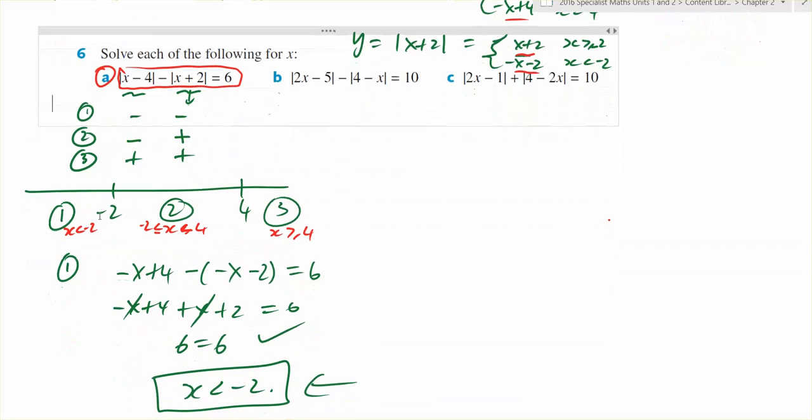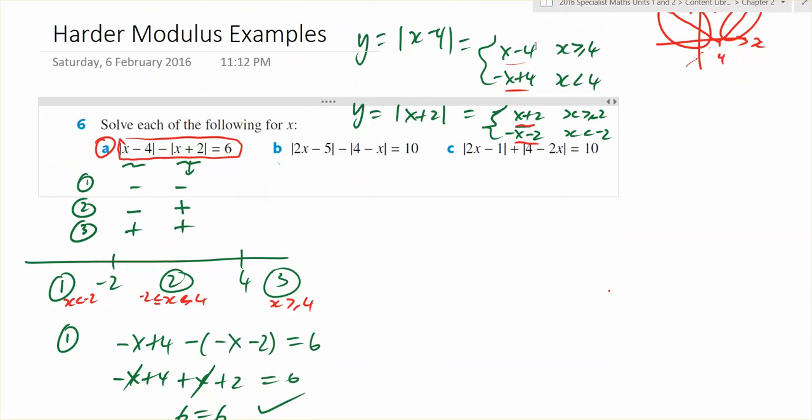For the region x less than negative 2, the piece we choose is the negative version for the first modulus expression, and for this expression we choose the negative piece again, because when x is less than negative 2, i.e. less than 4 and less than negative 2, both of them are negative.